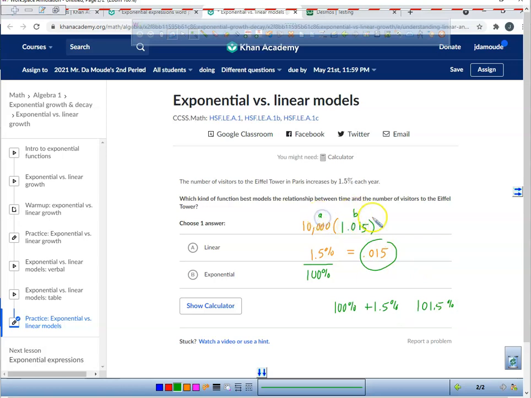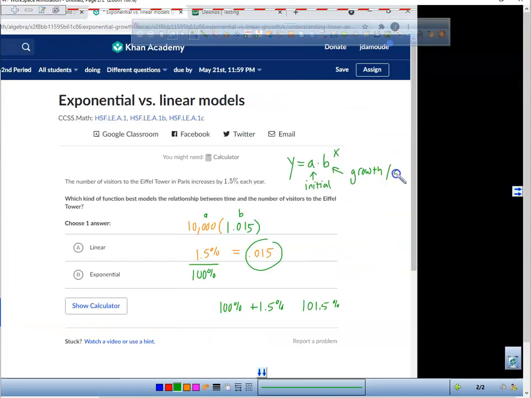That's your A value, that's your B value. And you're probably wondering, what's the A value, what's the B value? In an exponential model, your A value is your initial amount, and your B value is either what's called your growth or your decay factor.